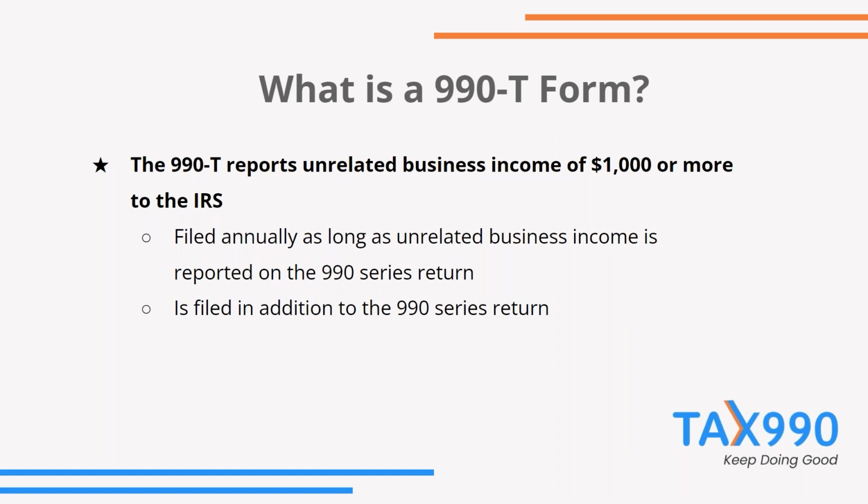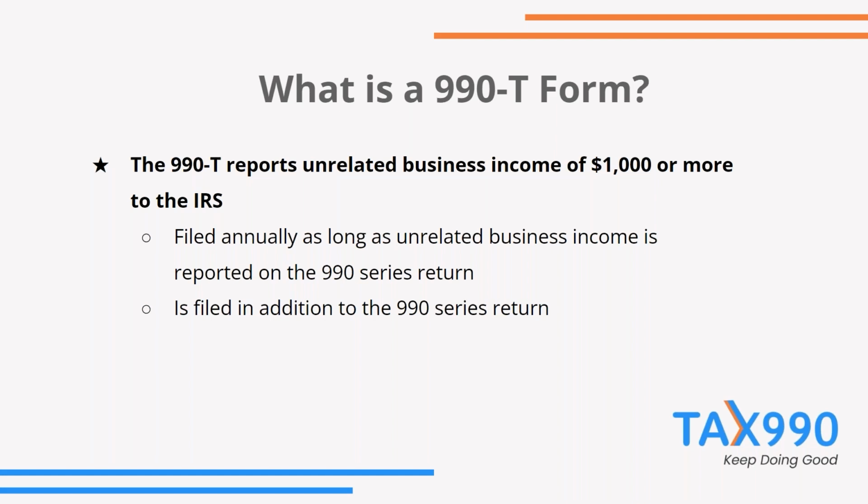Form 990T consists of 5 different parts, and each part requires you to report details regarding the unrelated business income of your organization and tax payments related to that. An example of a reportable unrelated business income could be the investment income from debt-financed property unrelated to the organization's charitable purpose and certain rents.